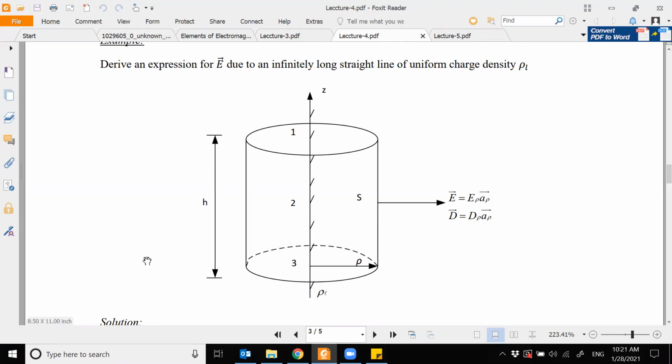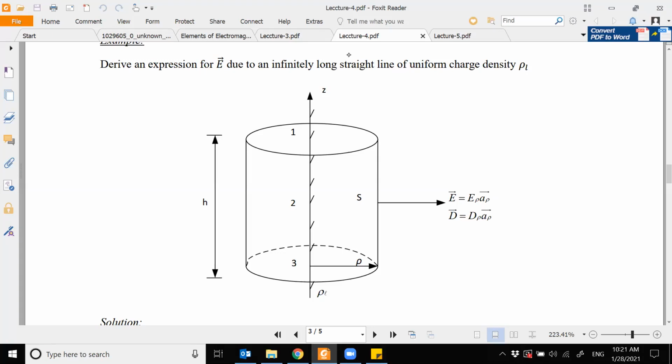So for a line charge, from our knowledge, we know that it has a positive charge density. Therefore the electric field should be going outwards, like this. We don't know the magnitude of that, so let's find that magnitude, and Gauss's law can allow us to do it in no time. Now, what could be the best Gauss's surface?